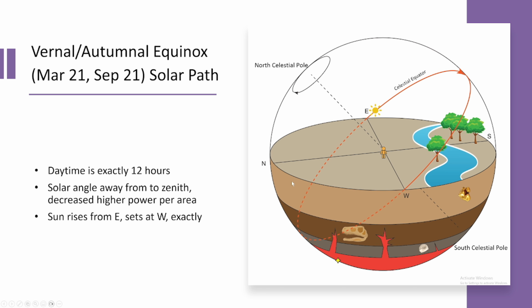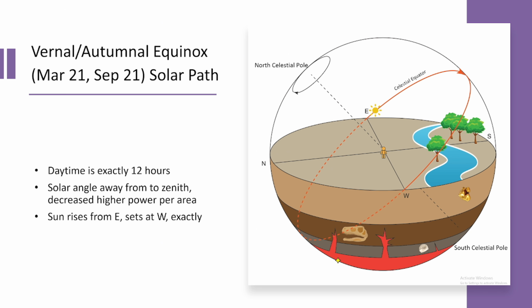Okay, let's move on to springtime and autumn time, also known as vernal and autumnal equinox, which are March 21st and September 21st. And as you can see here, the solar path is exactly the celestial equator. What that means is exactly half of the equator is above the horizon and half is below the horizon.